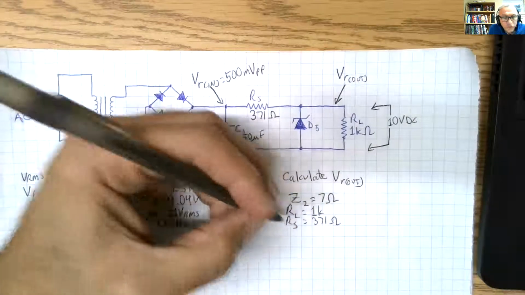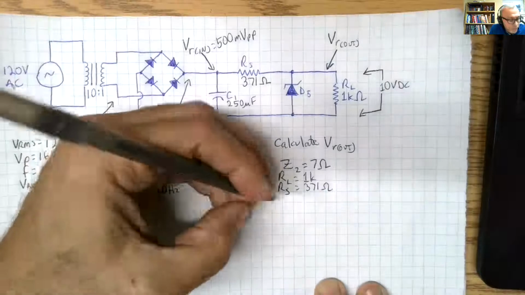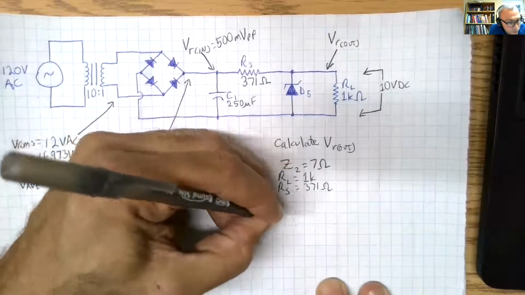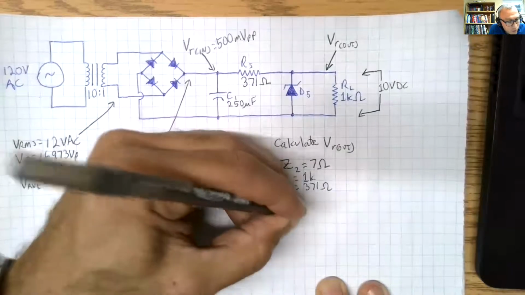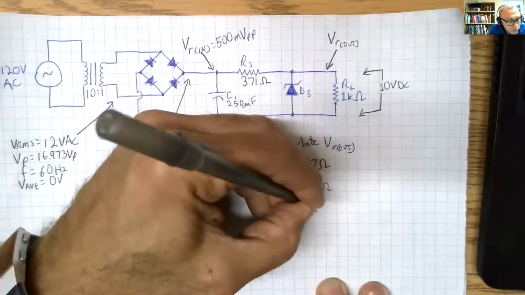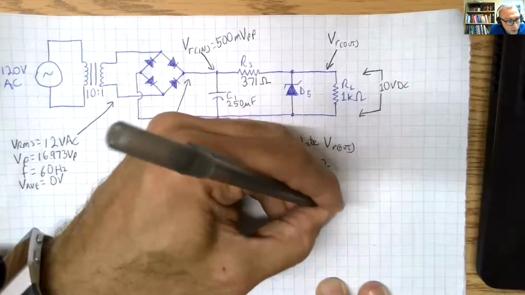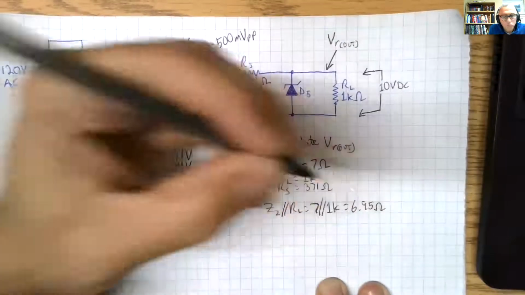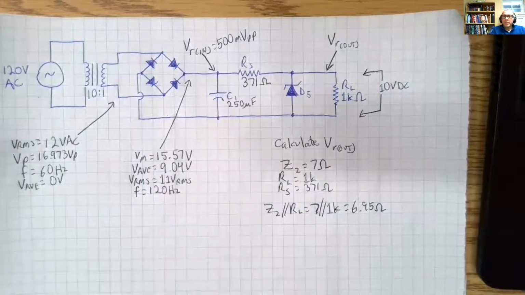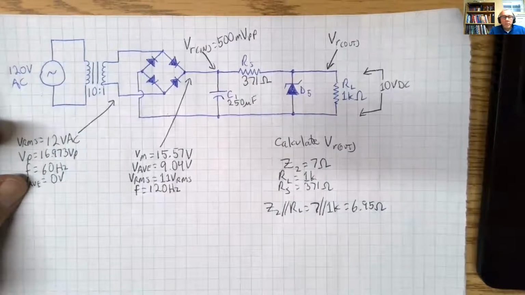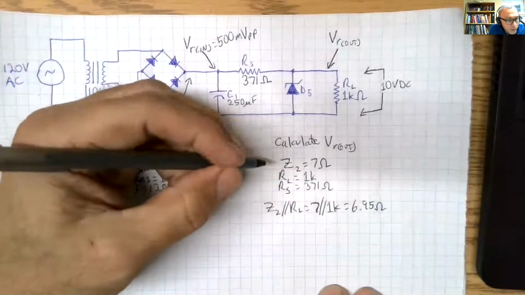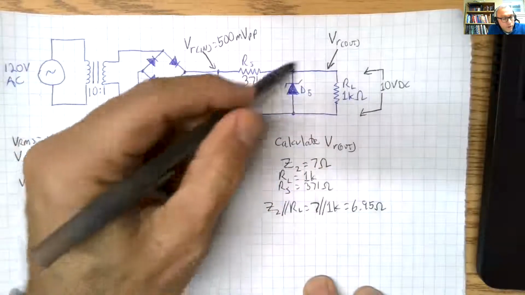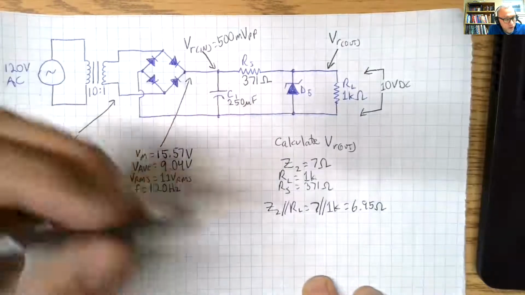So first things first, that is the impedance of the Zener. So Z Zener in parallel with RL is 7 ohms in parallel with 1K, and that gives us 6.95 ohms. And the voltage divider will be these two in parallel over these two plus RS, times VR in.